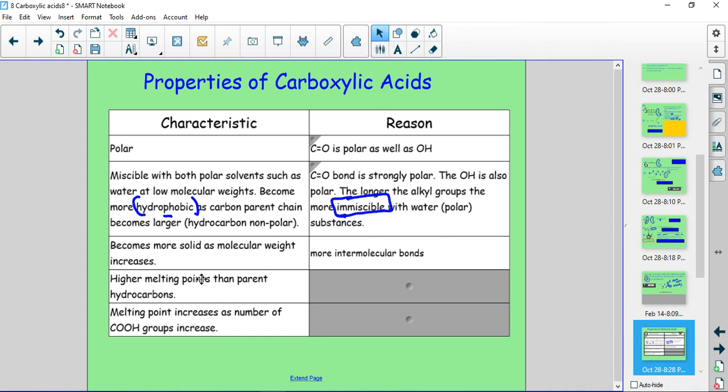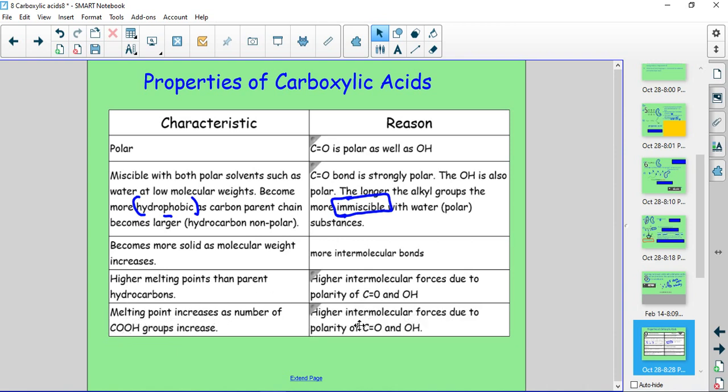Higher melting points than your parent hydrocarbon. Yes, that should make sense, because now you have a very polar carbonyl and hydroxyl end that make up your carboxylic acid. So that means greater intermolecular forces and higher melting points, right? And this should go without saying, the more COO groups and more carboxylic acid groups you have, the higher that melting point will be.